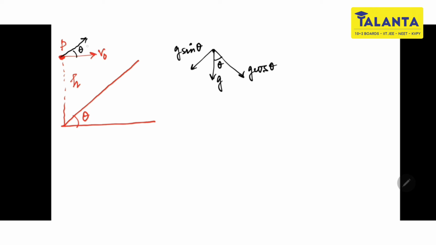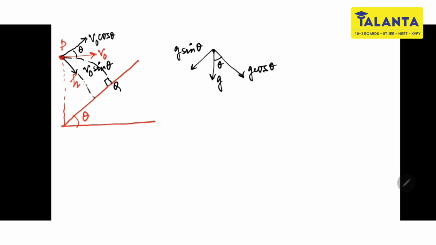This angle is also theta, that means along this the component is V0 cos theta, and along this the component is V0 sin theta. This is the motion of the projectile. Let the projectile hit the inclined plane at point Q.